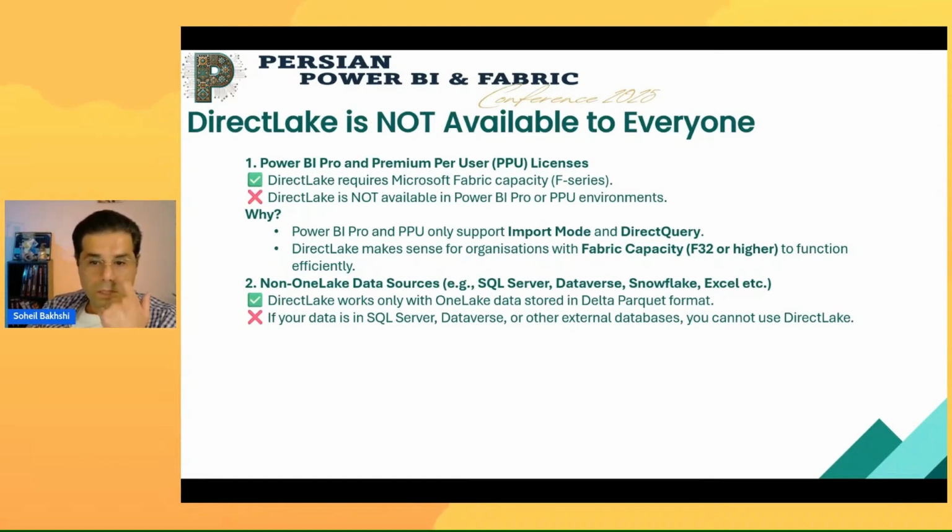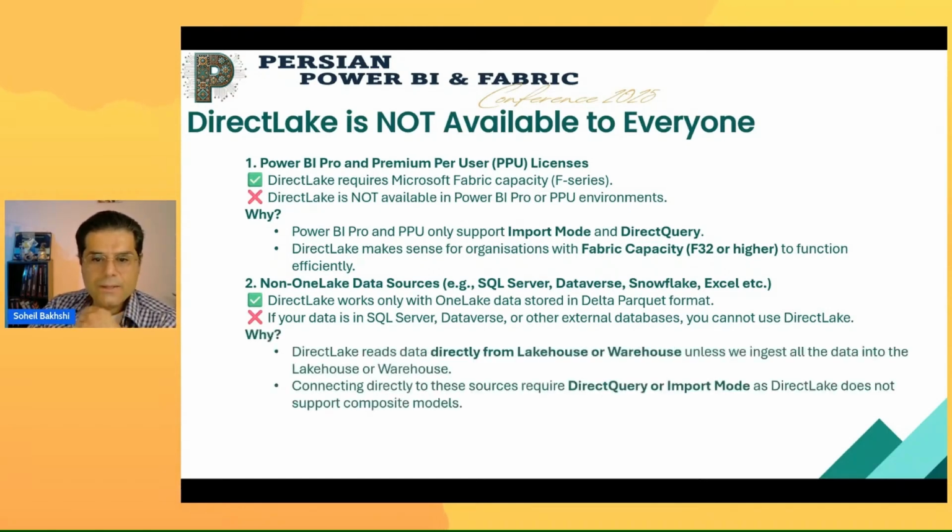DirectLake works only with OneLake data sources, right? So remember, we are talking about Delta Parquet format, which is our Lakehouse or warehouse experience in Microsoft Fabric. And the reason for that is that DirectLake reads data directly from Lakehouse or warehouse, right? As I mentioned earlier.